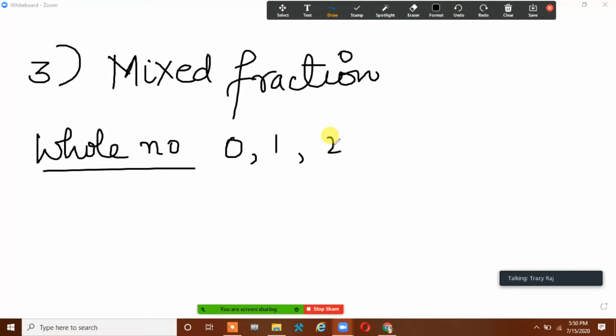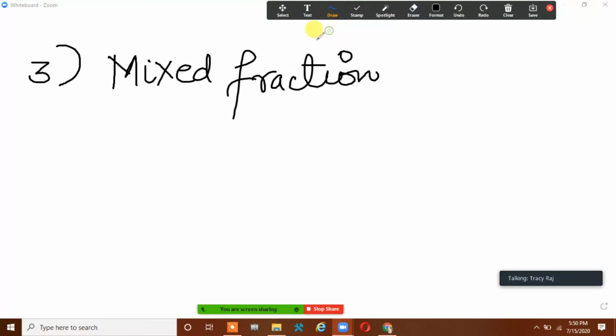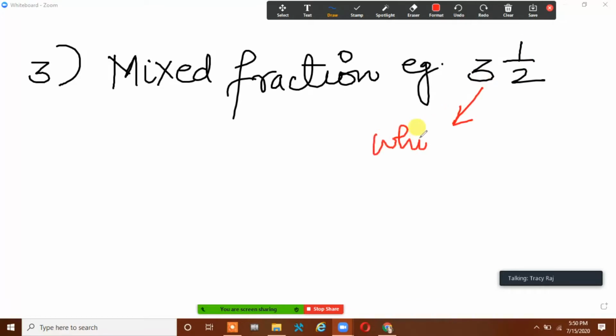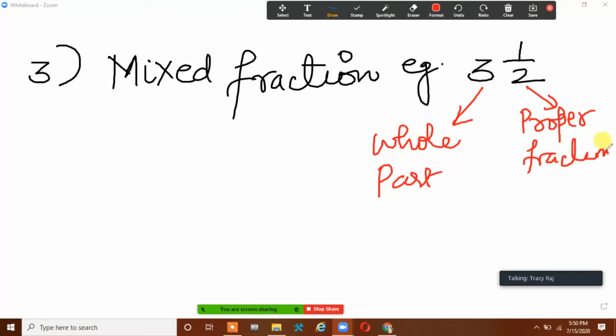So what is an example of a mixed fraction? 3 and 1 by 2. This 3 is called the whole part, and 1 by 2 is your proper fraction, correct? Because 1 is less than 2, this fraction is a proper fraction, and 3 is the whole part. So how to write it, student?